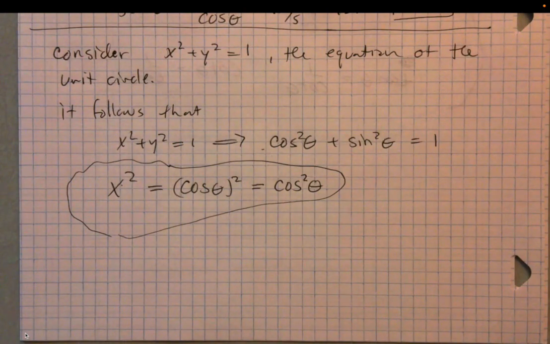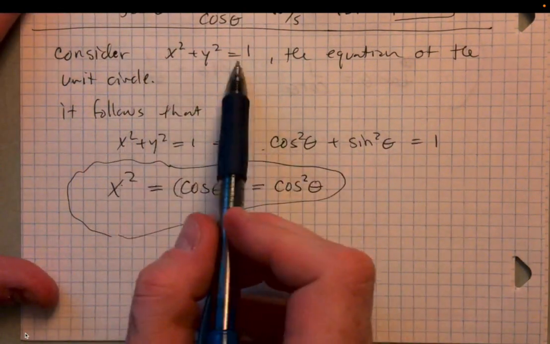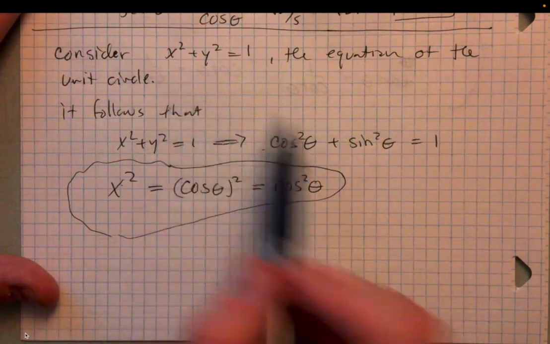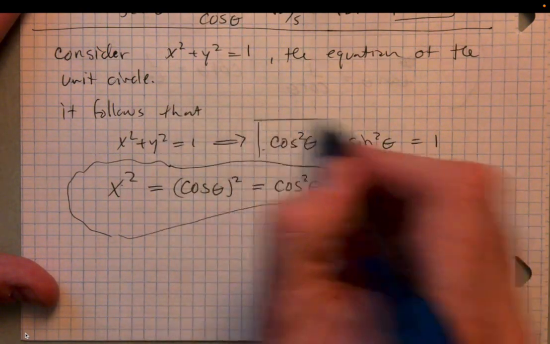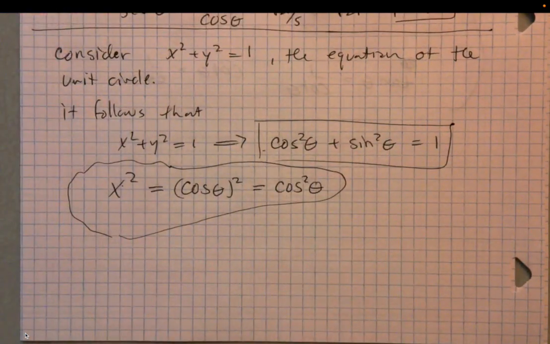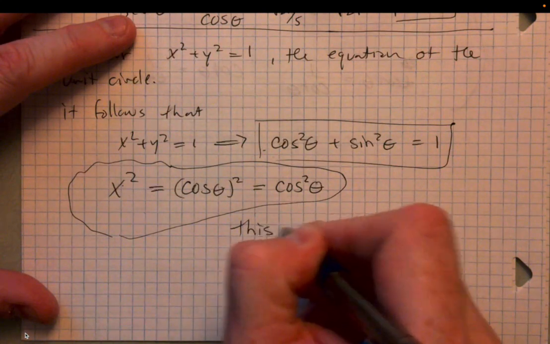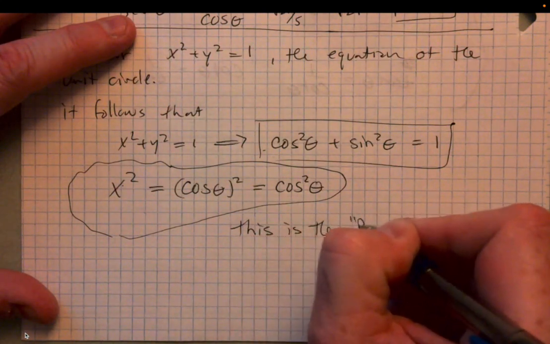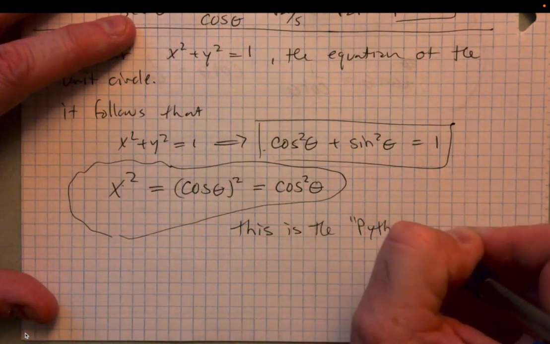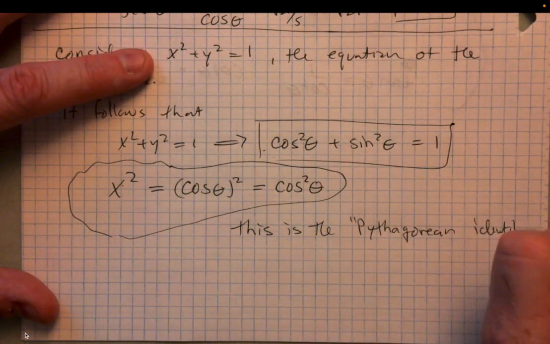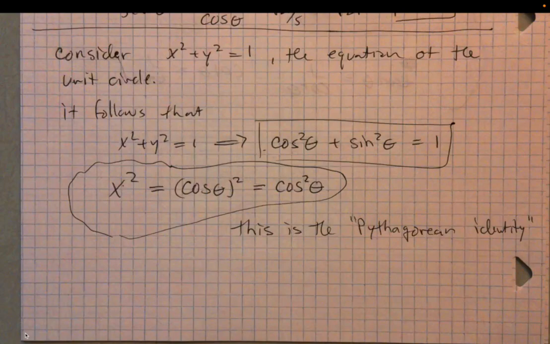Okay, right, and so just the fact that we have the equation of the unit circle, and if I substitute in cos for x and sine for y, then I get this guy here, and this is a very important identity called the Pythagorean identity.